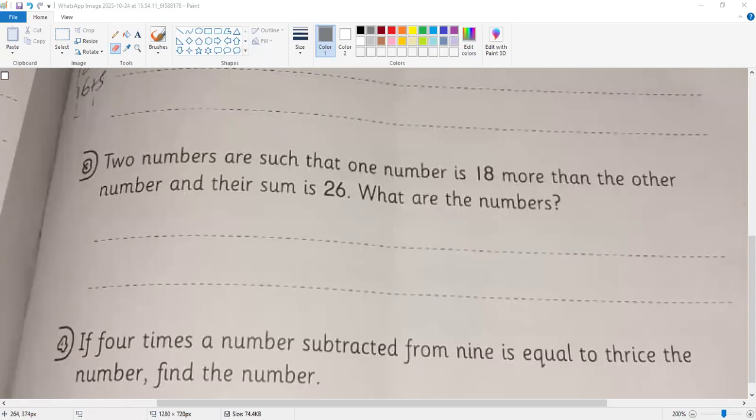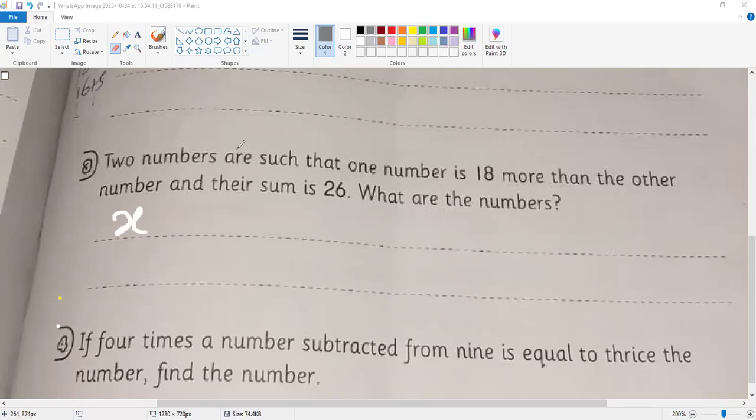Now, what we will do here is to consider how to go about that question. Two numbers. Let the first number be x.